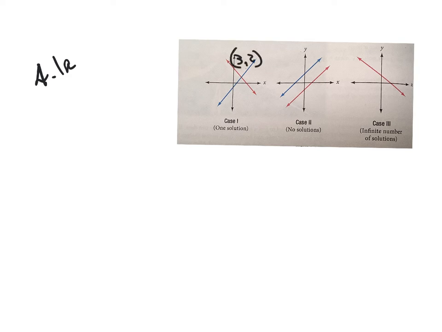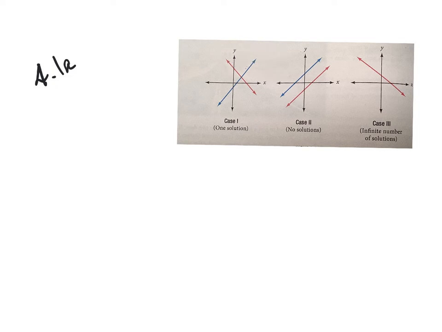Let's say that that is where those two lines cross. Well, that means that if we have an equation here and our red equation here where they cross, that this x value and that y value, when we plug them into the equation, they're going to work. They're going to work for both the blue equation and the red one.